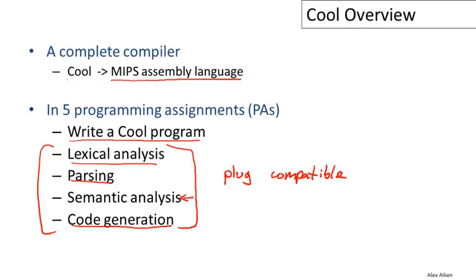And finally, there's no required optimization assignment, but we do have some suggestions for optimizations that you can do, and many people have written optimizations for COOL. And so this is an optional assignment if you're interested in learning something about program optimization.